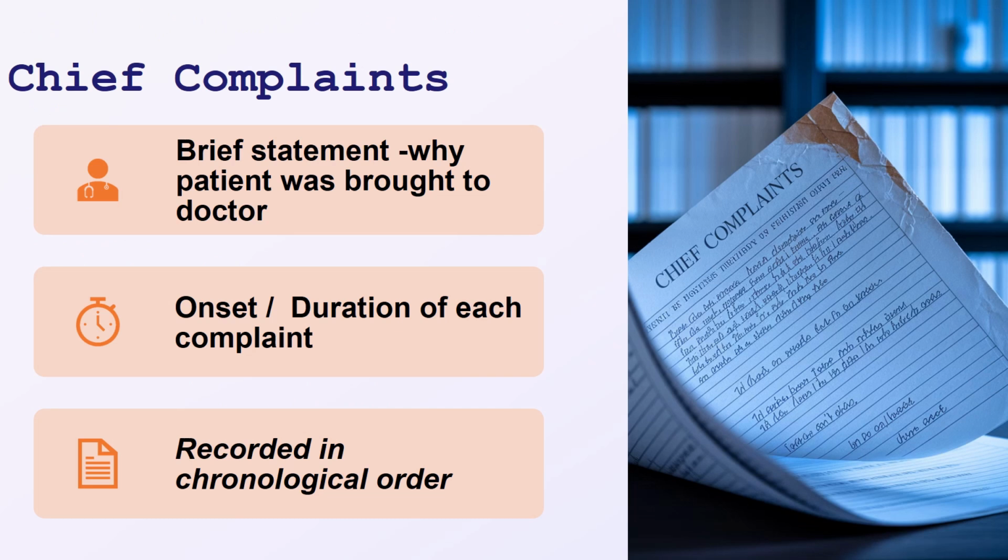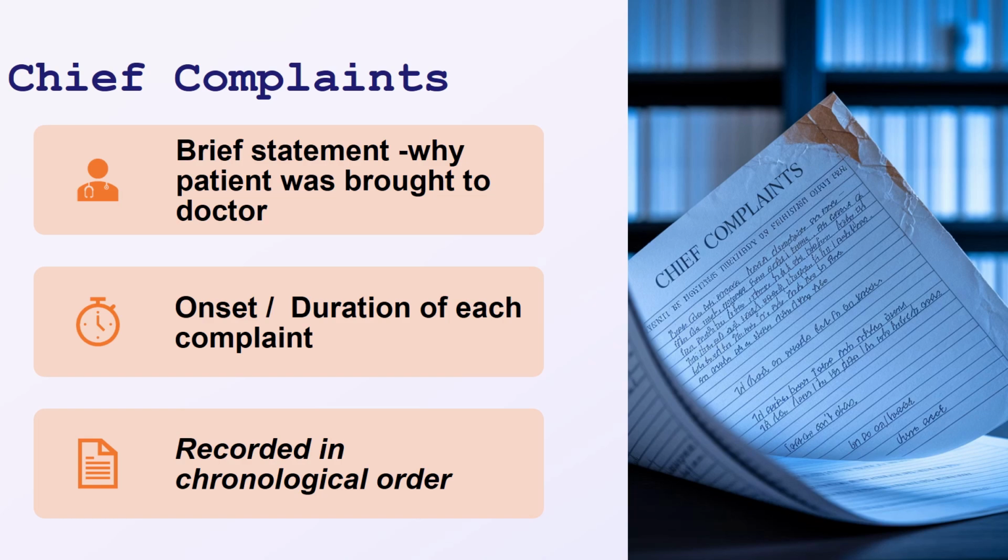Then comes the chief complaints. Chief complaint is a brief statement which states what has brought the child to the hospital or to the doctor. Then you ask about the complaints, the onset of the complaints with a duration.